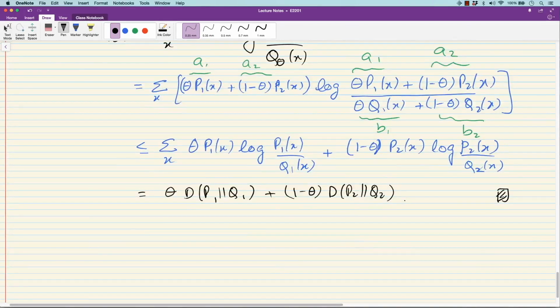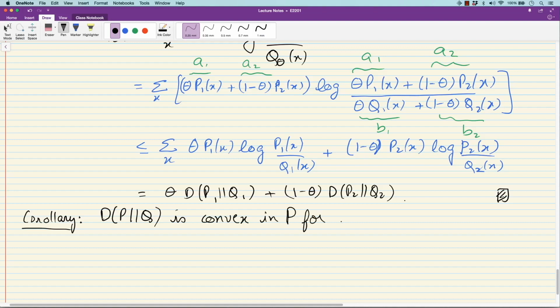For example, if D(P||Q) is convex in the pair, then, so this is a corollary, it follows from this observation that if you fix any Q, D(P||Q) is convex in P for any fixed Q. You fix a Q and vary P, it's a convex function.